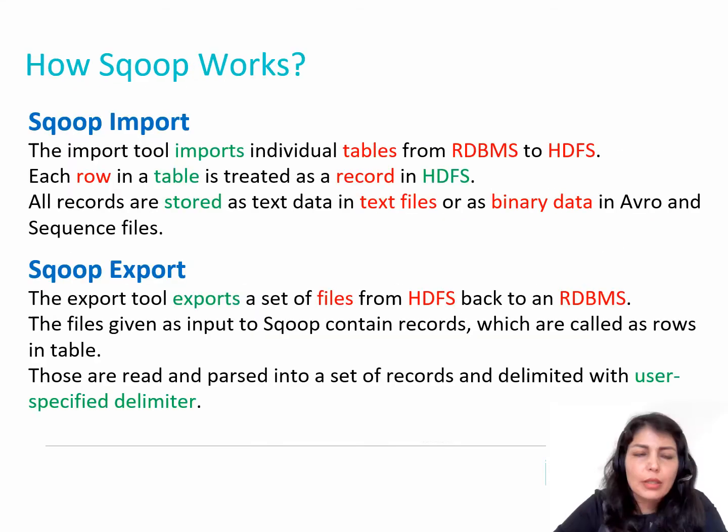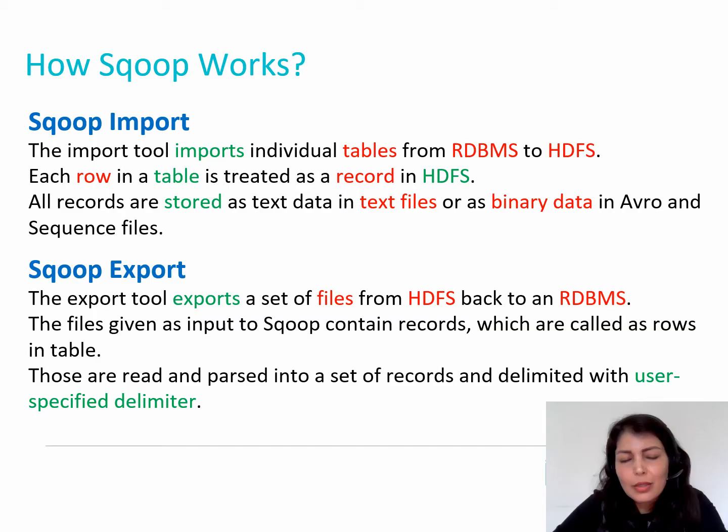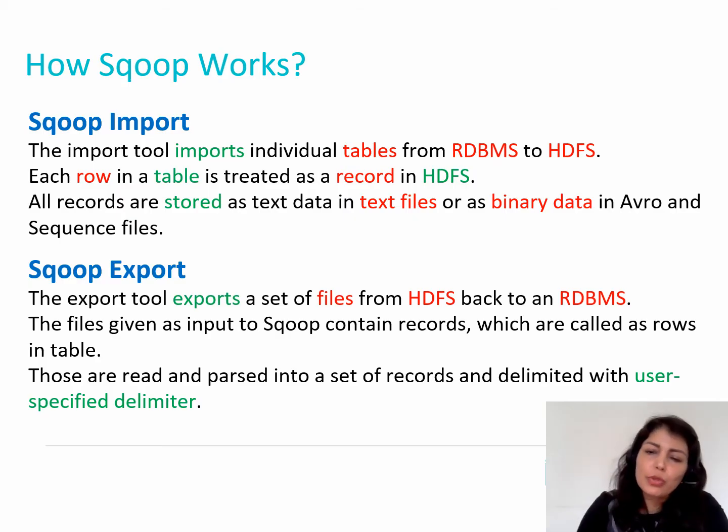Let me explain. Now we want to see how Sqoop works. Sqoop has two important tools which are called Sqoop import and Sqoop export. As you can guess, Sqoop import is responsible to import data from RDBMS to HDFS. As you know, in traditional database, all data is saved as tables, and we have rows in tables.